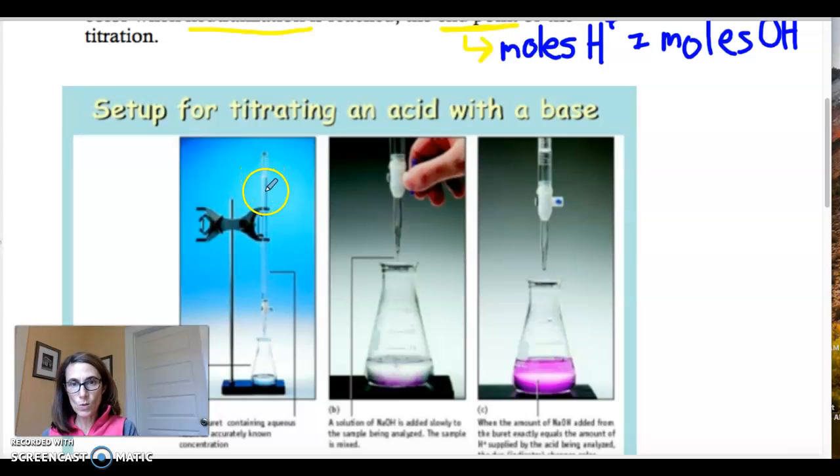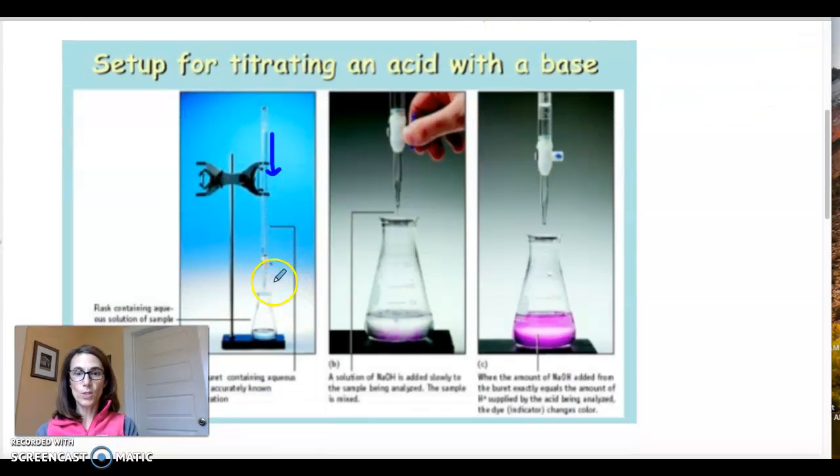As you slowly add an amount of your standard solution, you're able to read, because these have volume markings just like a graduated cylinder would, how much acid or base of that known standard solution was added to neutralize your unknown sample in that flask.